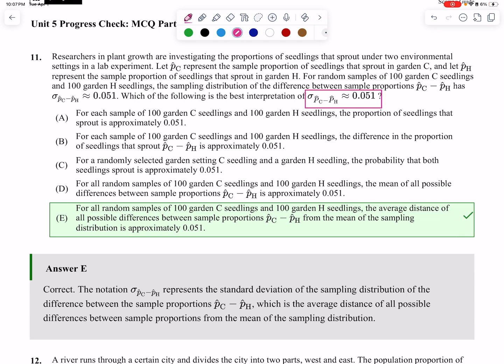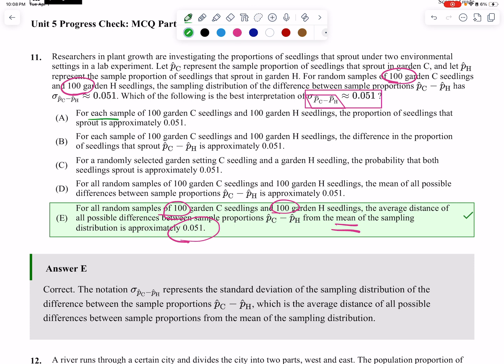For all random samples of 100 garden seedlings and 100 other seedlings, so that's the same sample size, you see this, that's the sample size, the average distance of all possible differences between the sample proportions is approximately 0.051. We're just trying to say standard deviation is the average distance from the mean, and that's what it's saying. All right, so let me show you what's wrong with the other ones.